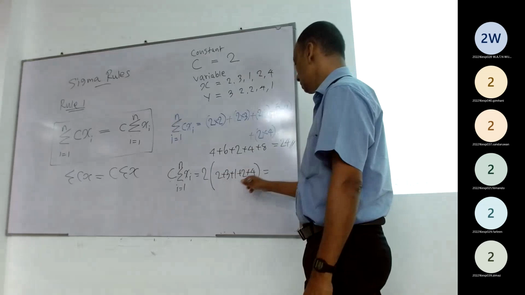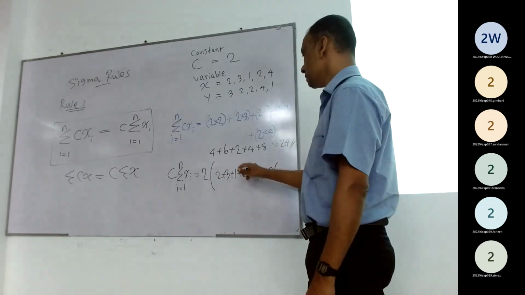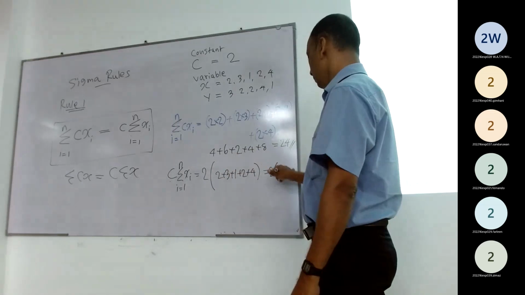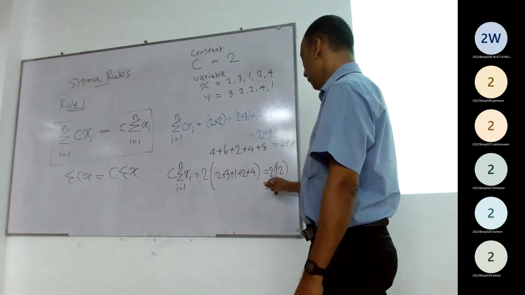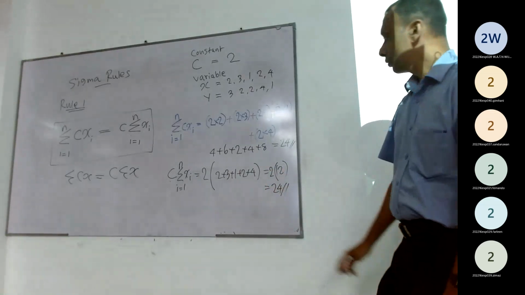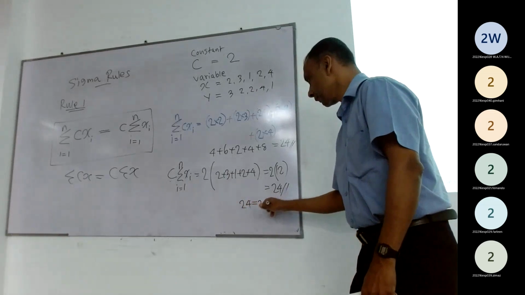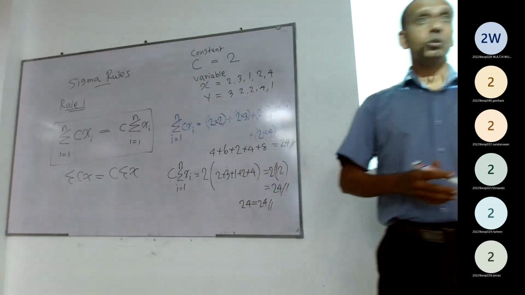Right, then 2, 4, 6, 7, 10, 12. Constant 2 into 12, 24. 24 equals 24. So then you can see that it is okay.